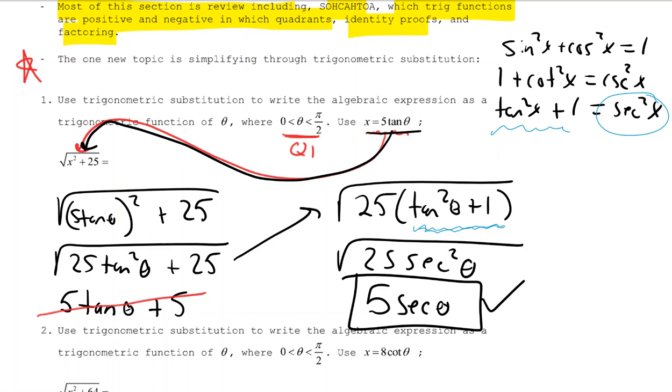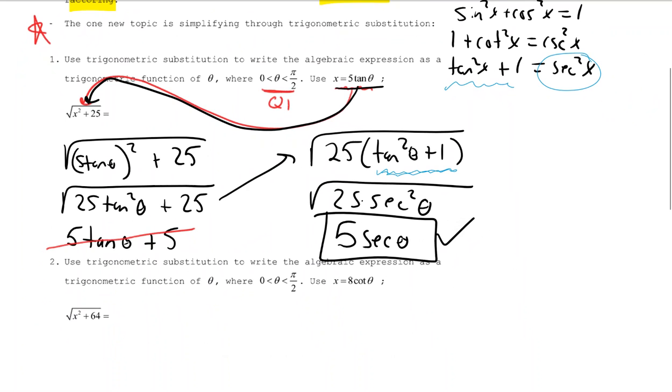You can square what you plug in, but then do not square root the terms. You need to use one of these identities. Probably should write these at the top of your page. And then once you've got it in factors, things being multiplied, then you can do them separately. Okay, so finish copying that one down for notes. And then number 2 should be a very similar process, but I would like you to try it before I go over it, please.